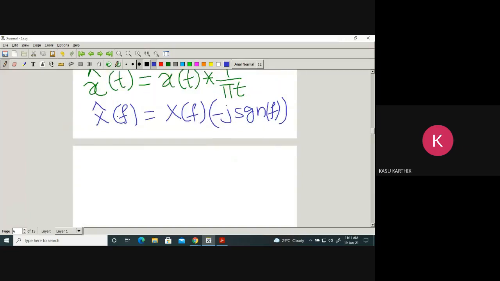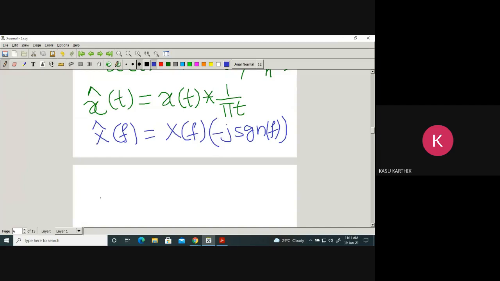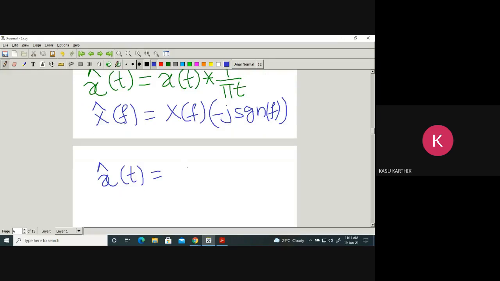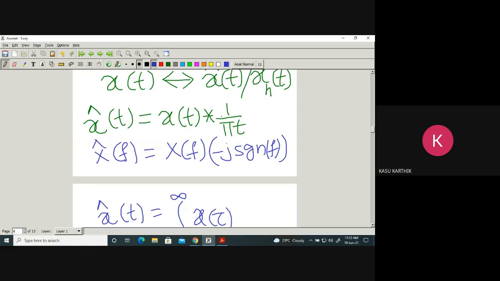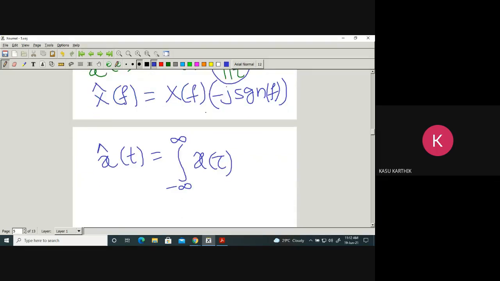Now, what is written? x hat of t equal to, in the same way, what do you write? Integral from minus to plus infinity of x of tau. What is h of t now? 1 by pi t, which means h of t minus tau is 1 by pi into t minus tau, d tau.